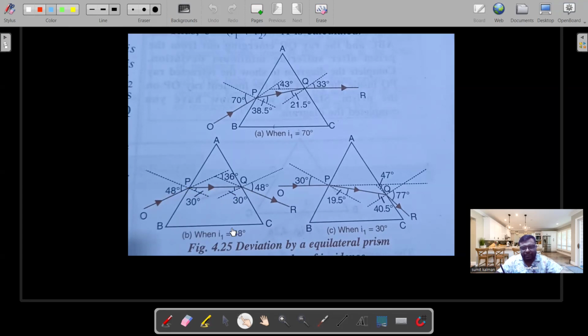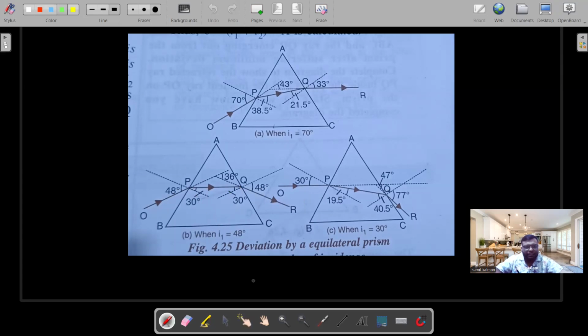And in this case, you can also see there is a minimum deviation in B as compared to A and C. And just see, this is 36 degree, and in A it is 43 degree, and in C it is 47 degree. So the minimum deviation is in B prism, when angle of incidence and angle of emergence both are equal, and the ray PQ is parallel to base BC of the prism.